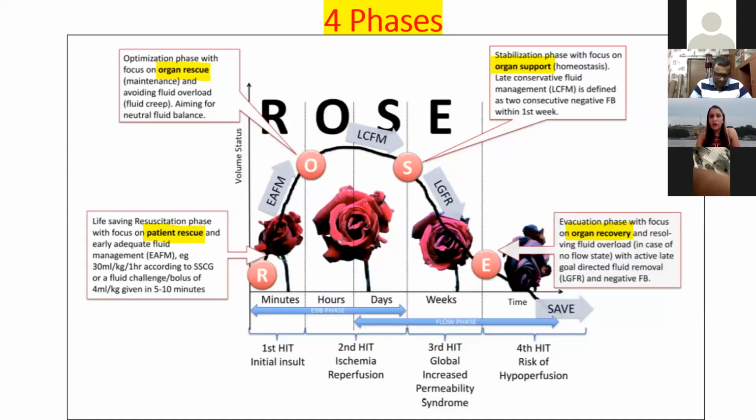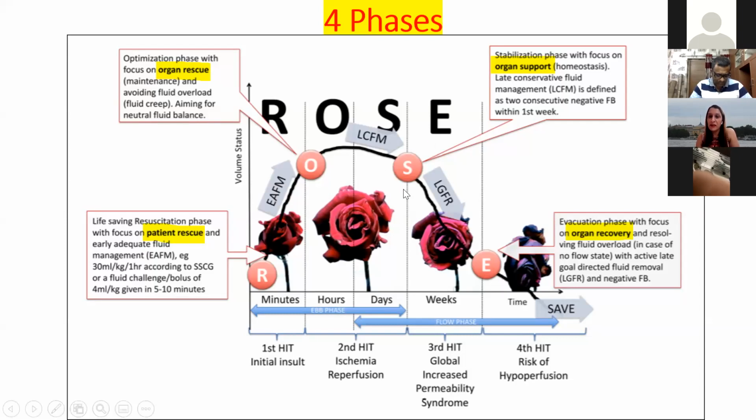So we'll be talking about these phases one by one, but what is important is that during resuscitation, the aim is to rescue the patient. We have to go in for early resuscitation, early adequate fluid management and rescue the patient. O is for organ rescue, like the optimization phase, where the focus is on organ rescue.